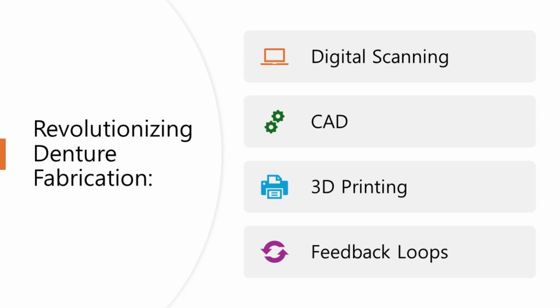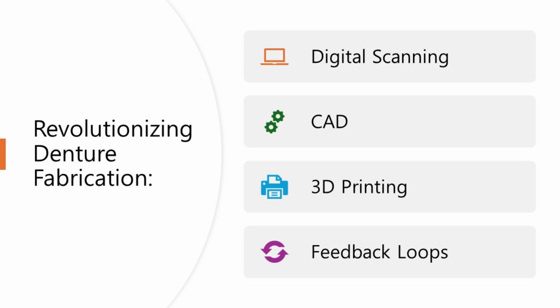We're examining how modern technology revolutionizes the process of denture fabrication, starting from initial impressions to the final product. Let's delve into each component of this digital transformation. Digital scanning. Digital intraoral scanning has replaced the use of alginate for obtaining preliminary impressions.